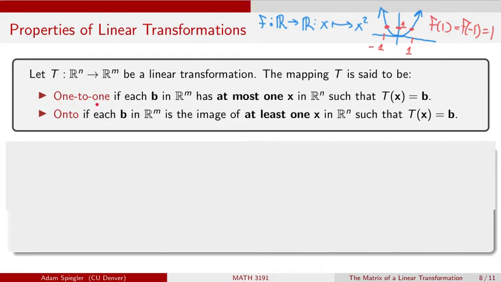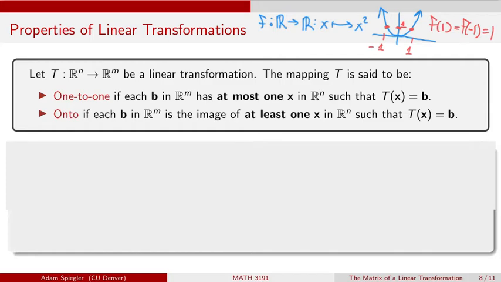So we say this map is one-to-one if each vector in the codomain, each b in Rm, has at most one vector in the domain Rn which is mapped to it. So it's impossible for something in Rm to have two different vectors in the domain that get mapped to the same image in the codomain. And that's the equivalent of thinking about the horizontal line test that you may recall from calculus.